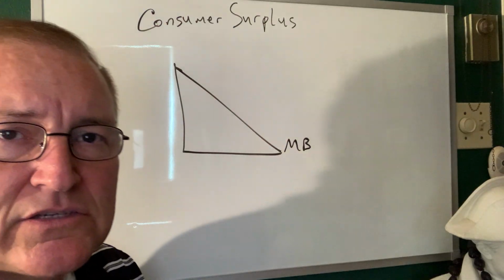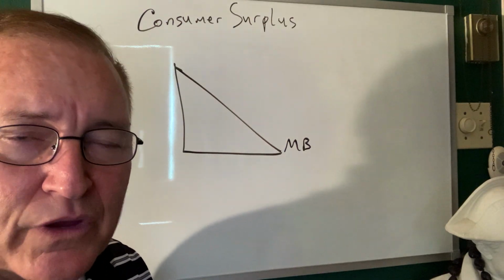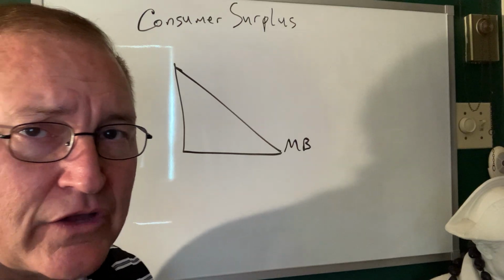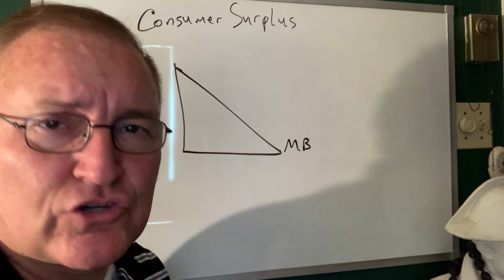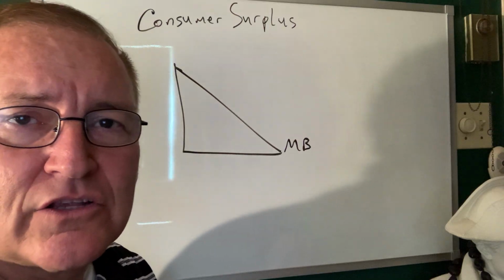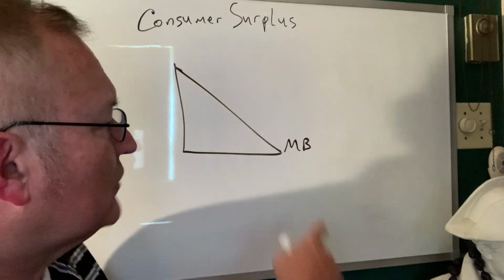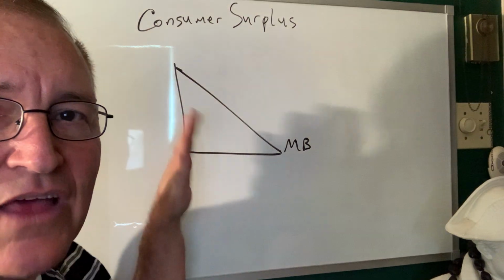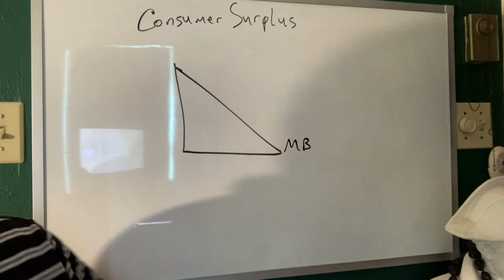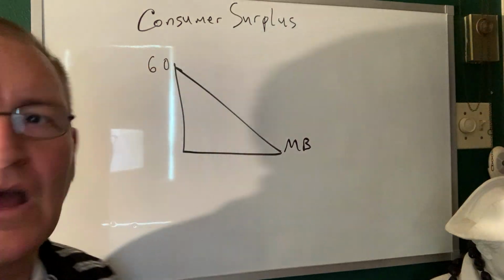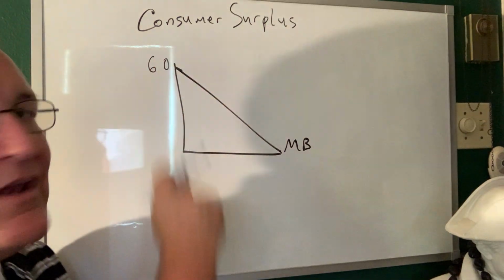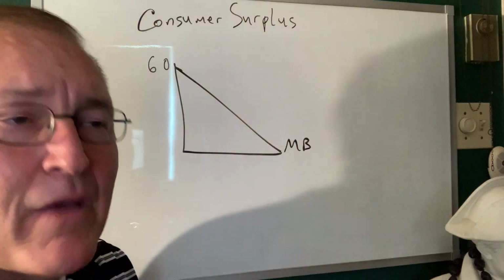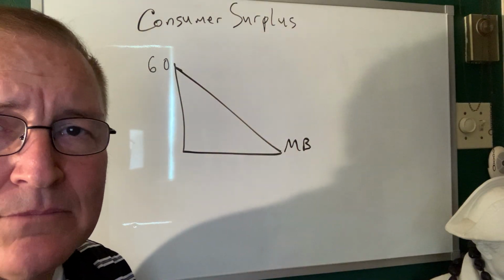Consumer surplus is the difference between what a buyer is willing to pay and what they actually pay. Now, it's easy to determine how much a consumer is willing to pay, because all you have to look at is the marginal benefit curve and see where it intersects that axis. Whatever that number is is the maximum the buyer's willing to pay.